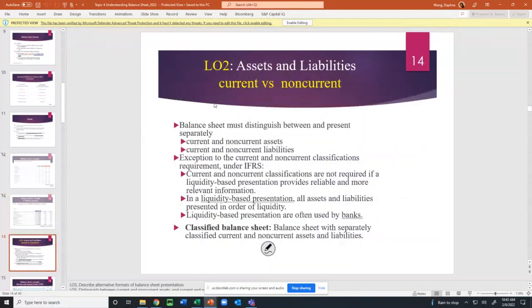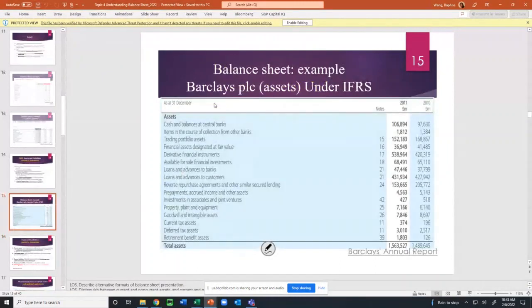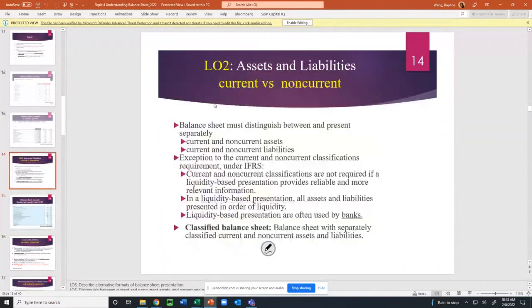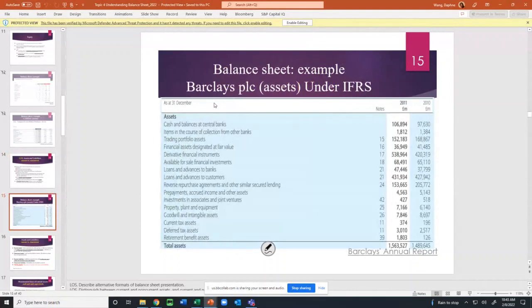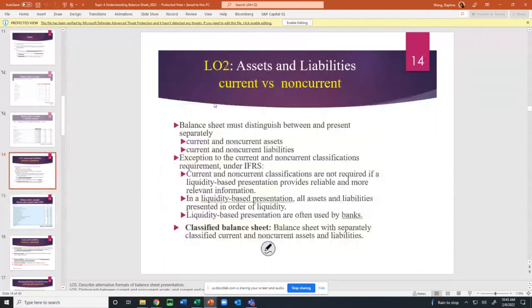In the learning agility 2, we are trying to highlight the current and the non-current section. So this is under the IFRS. They don't even separate into current and non-current, because there's a rule here under the IFRS: current and non-current classification are not required if a liquidity-based presentation provides reliable and more relevant information.